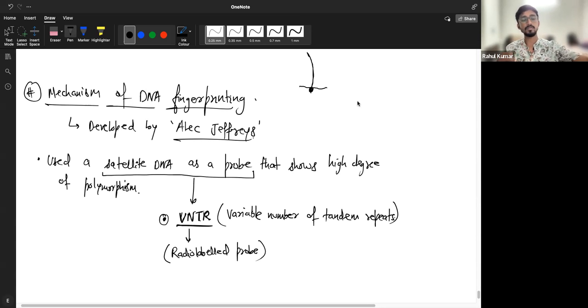Similarly, you can either use some radioactive element or make any element radioactive in a VNTR, because it's basically the sequence, right? So it's the DNA only. So you can make phosphorus radioactive and make a radio labeled probe. Radioactive things glow in the dark. You can see it on a gel. You can visualize the radioactivity.